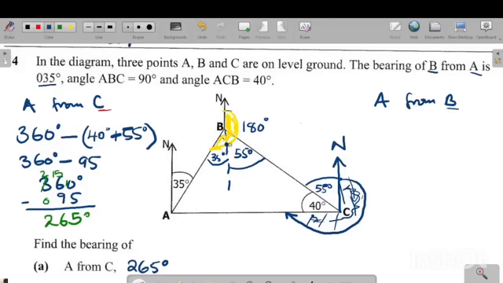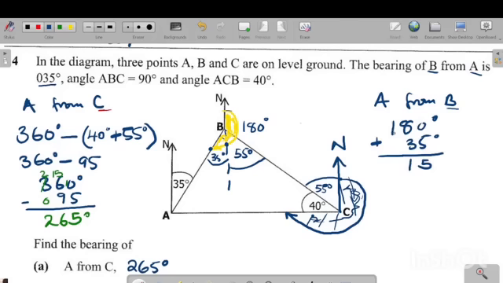Now you need to add this angle here from here up to here, for you to find the bearing of A from B. So you're adding 180 degrees plus 35 degrees, and then this gives 5. 8 plus 3 is 11.